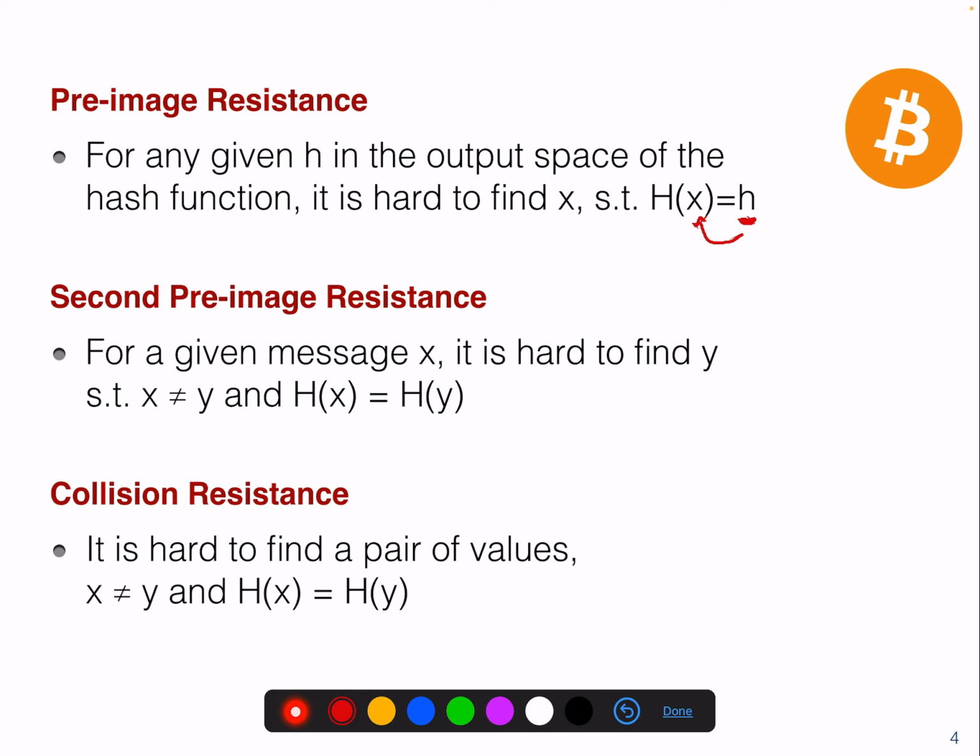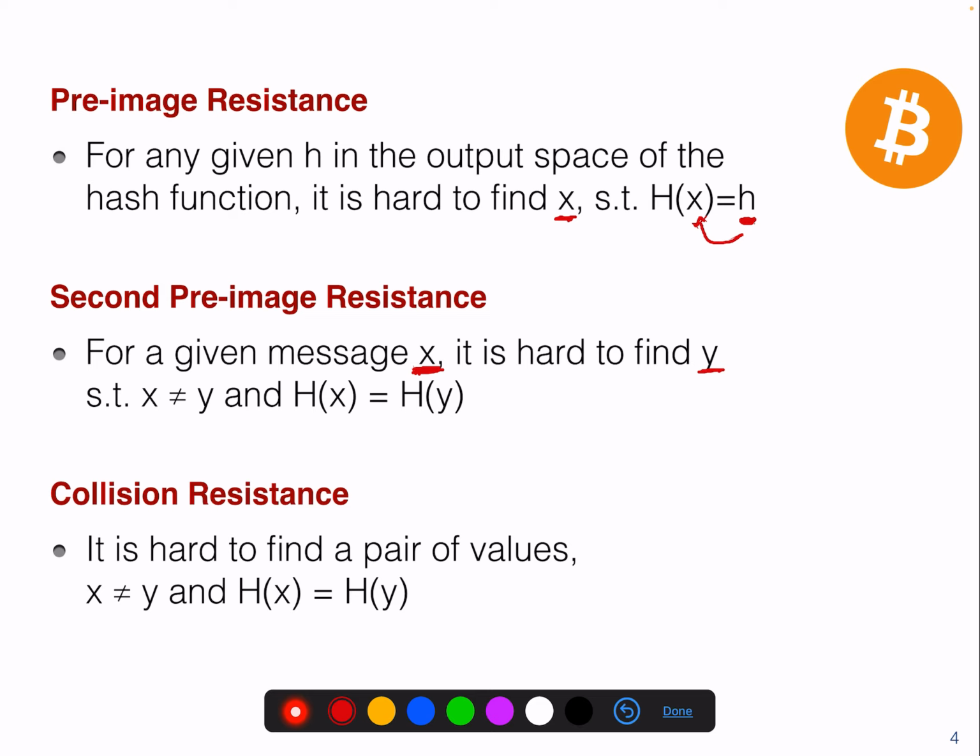So it's interesting to see you have a given message x, and you want to find another value y, and this should be really hard. In preimage resistance, you don't have any such condition; you just want to find an x for a given h. Second preimage resistance is probably a bit harder for an adversary because you have an additional condition that you have to meet.